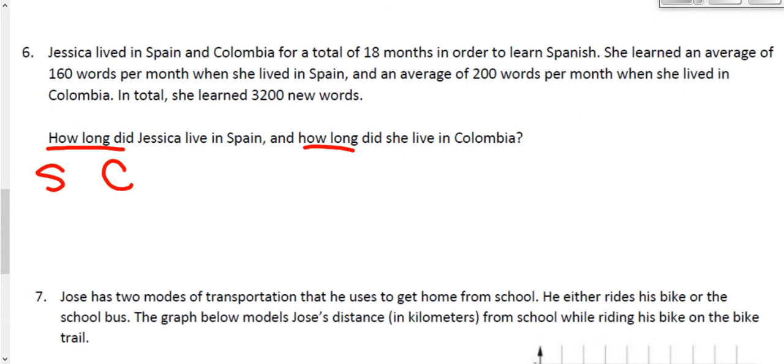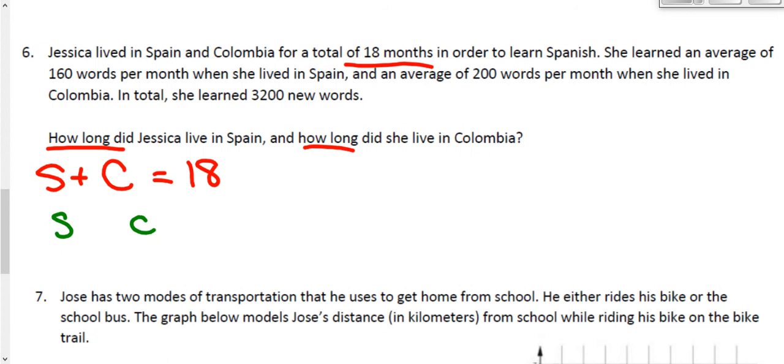Now we're asking how long in Spain, how long in Colombia. So those are our 2 variables that talk about length of time. So let's create our basic equation first. The length of time in Spain plus the length of time in Colombia should equal her total length of time, 18 months. Now we're also going to have to use the time in Spain and the time in Colombia to talk about her other activity, which was learning Spanish.